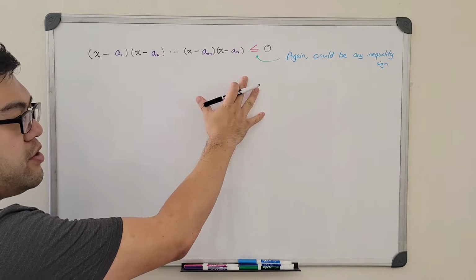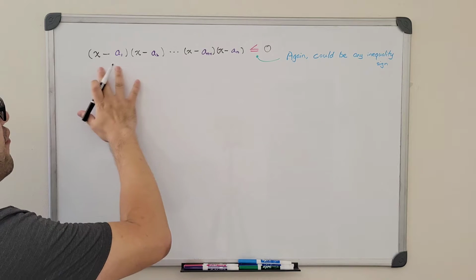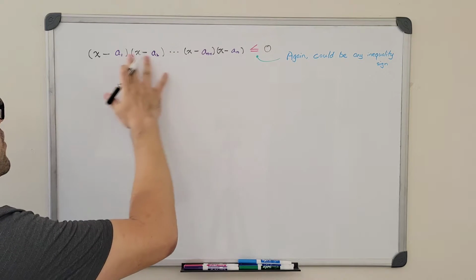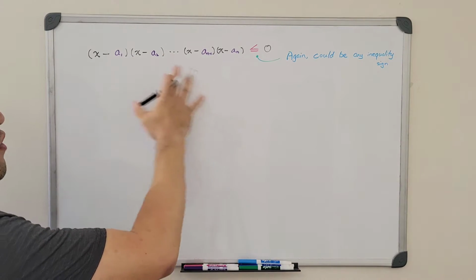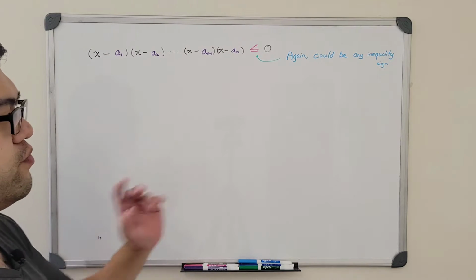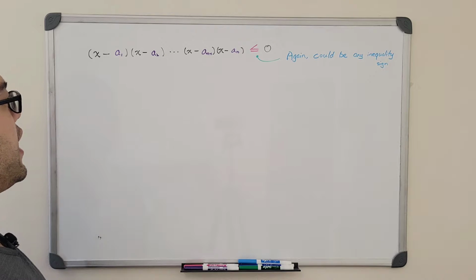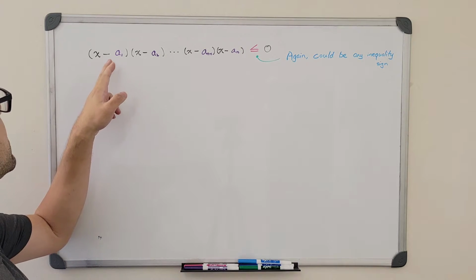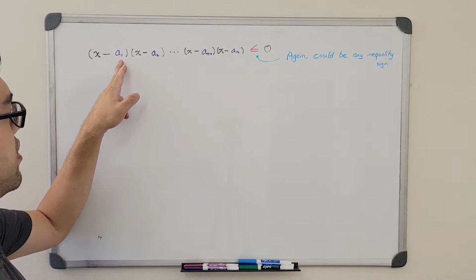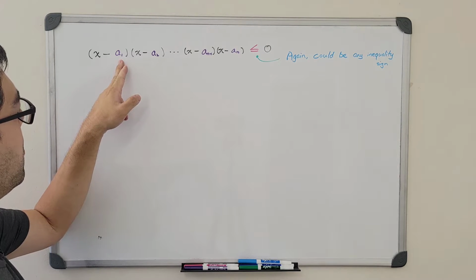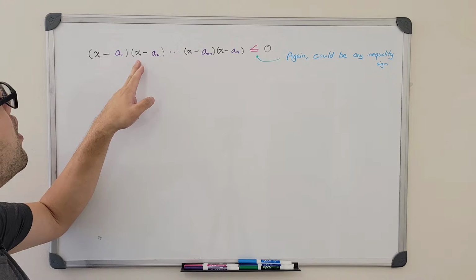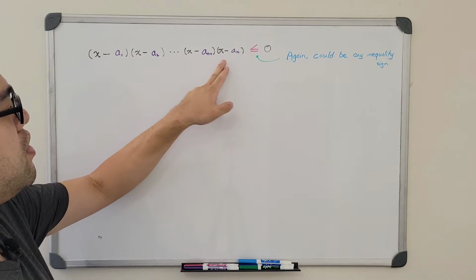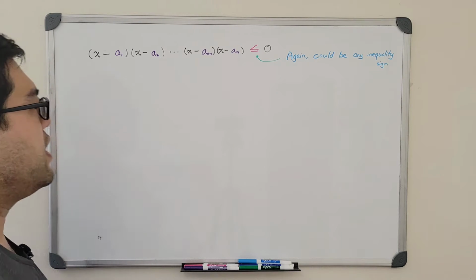we have a polynomial that we already factorized, so that we know the roots of the polynomial if it is an equation. And the setup that we have would be x minus the root a1 times x minus the root a2 times all the way to x minus an.